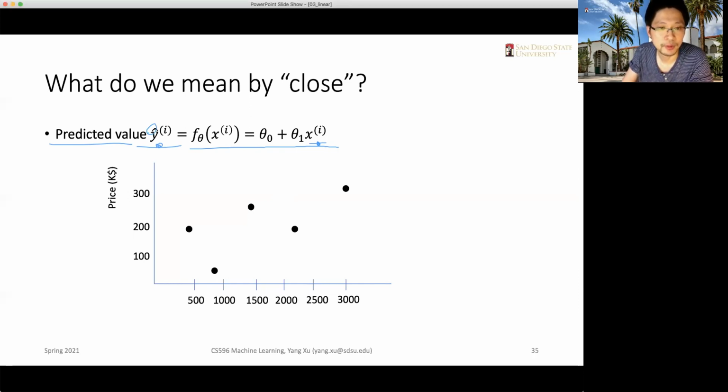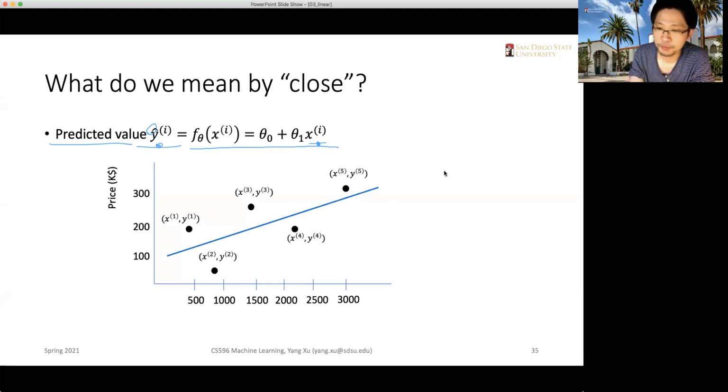For example, we have theta 0 and theta 1 that draw such a line, and we can also plot all of the existing training data points onto the same 2D space: x1, y1, x2, y2, x3, y3, and so on.